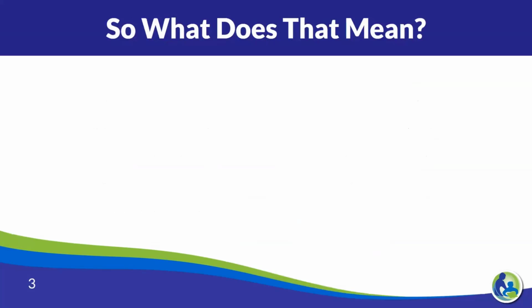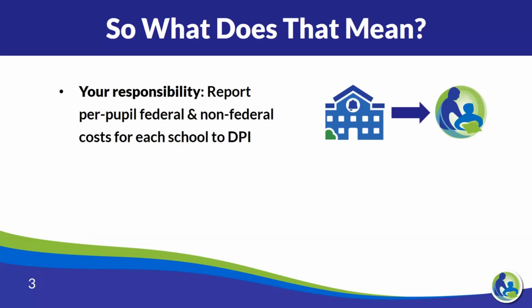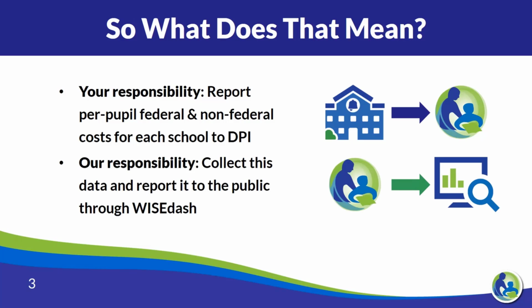It essentially creates two responsibilities. The first is to report per pupil federal and non-federal costs for each school to us at the DPI. Our responsibility in turn is to collect this data and report it to the public on our ESSA report card, which we are implementing through WiseDash.